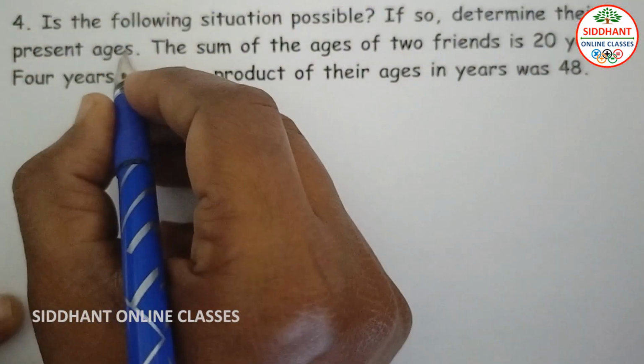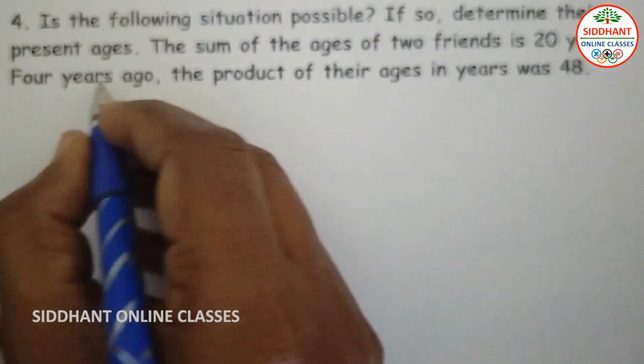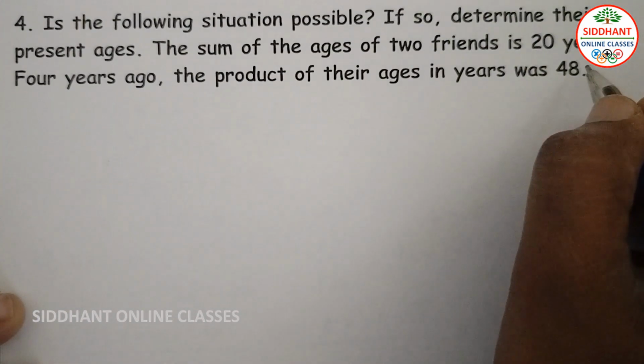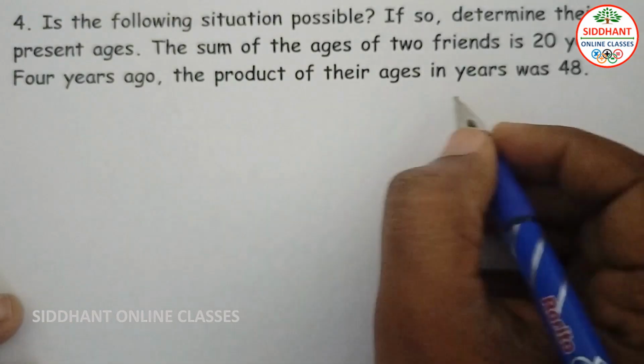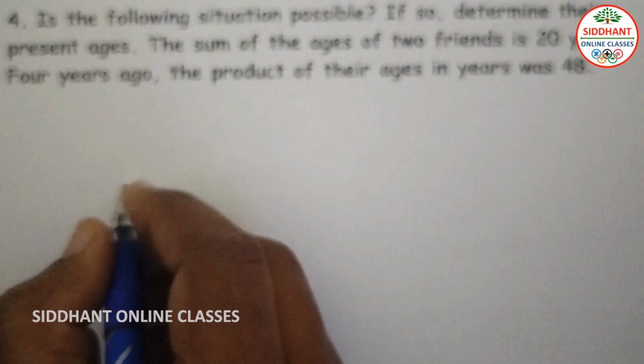Question number 4. Is the following situation possible? If so, determine their present ages. The sum of ages of two friends is 20 years. 4 years ago, the product of their ages in years was 48.